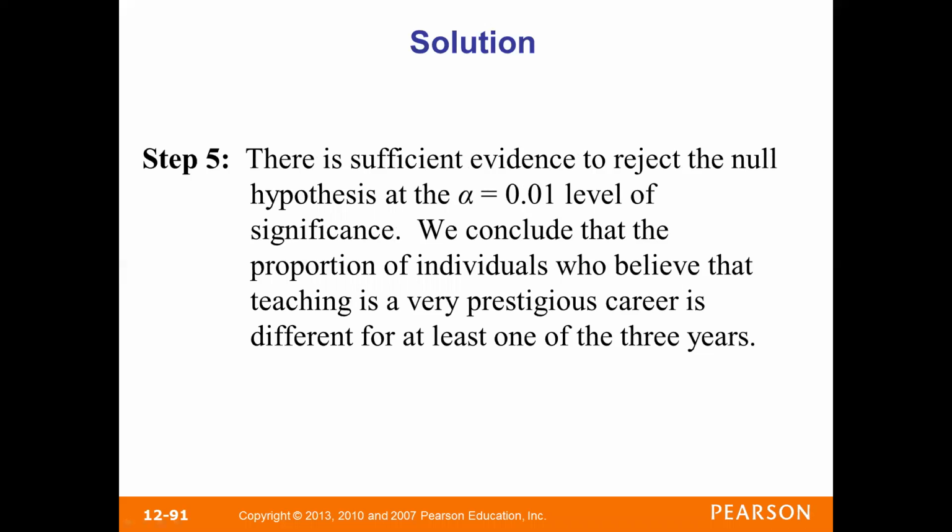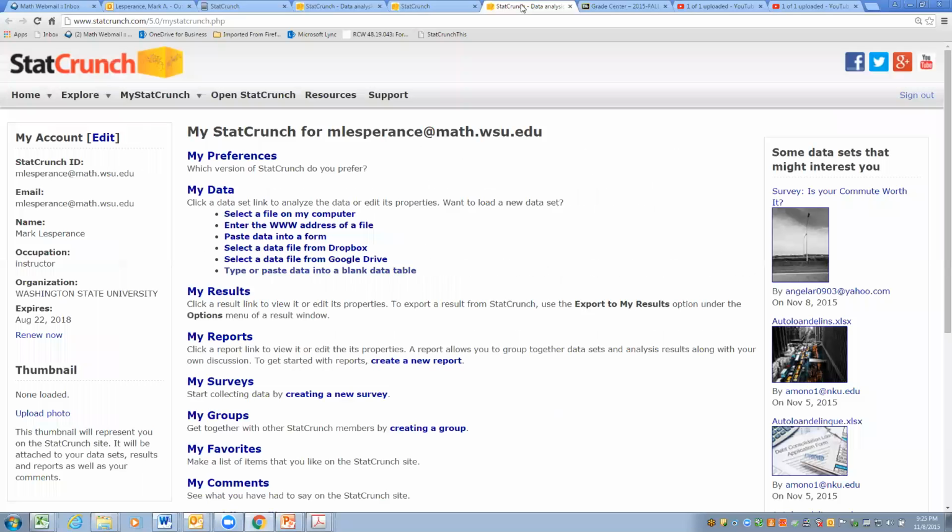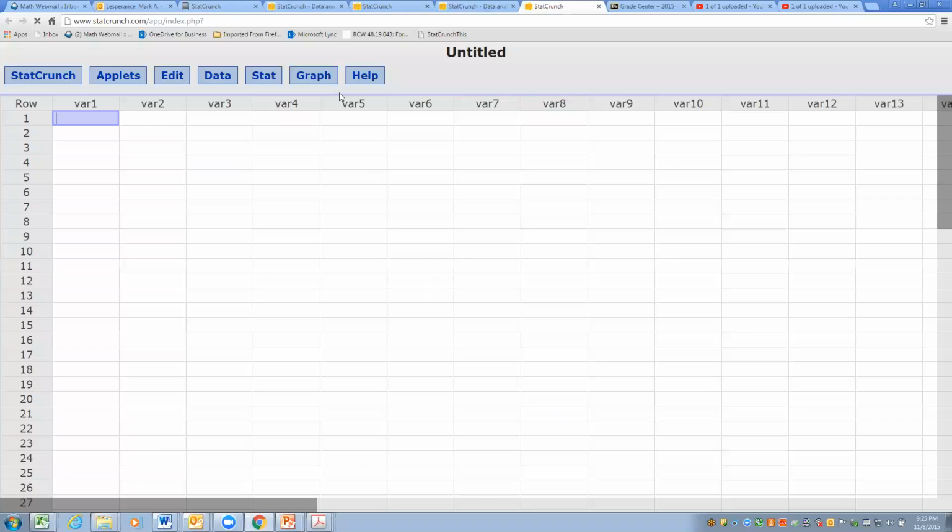So that concludes our discussion of chi-squared test of independence in terms of the concept behind it. I want to go back into StatCrunch, though, and show you how you could come up with a chi-squared test of independence.